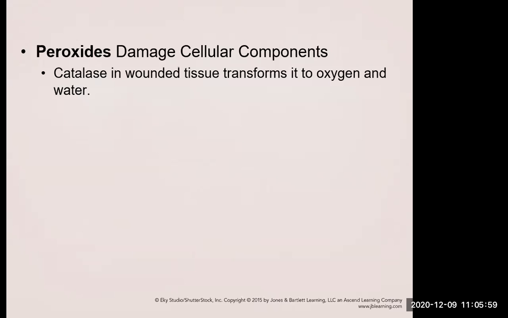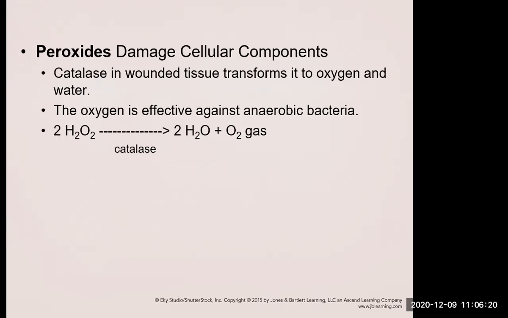Okay, peroxides. We've used hydrogen peroxide. It comes in that brown bottle. It bubbles up, right? We're going to learn about why it bubbles. So our tissues, as well as bacterial tissues, most bacteria are going to contain catalase. I say most. Some bacteria contain catalase. It is an enzyme that is going to convert hydrogen peroxide into water and oxygen gas.